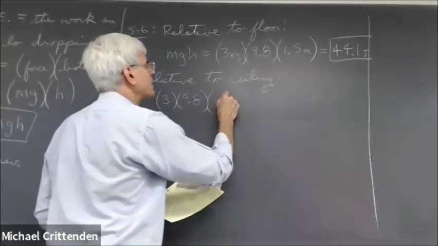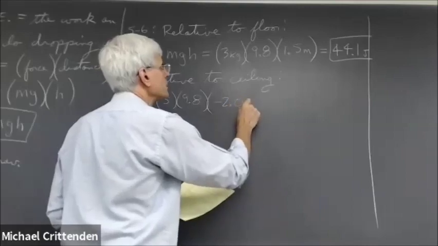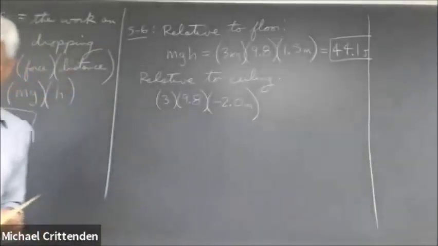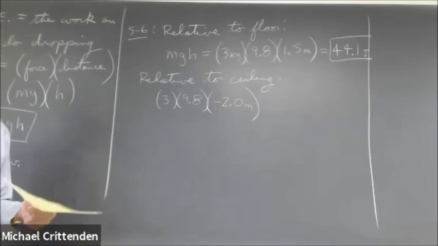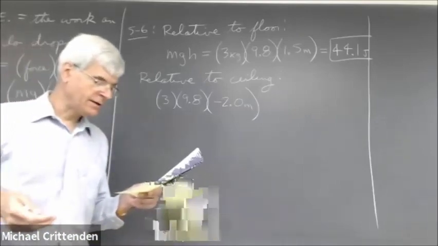Relative to the ceiling, the height is -2 meters because the plant is below the ceiling rather than above it.